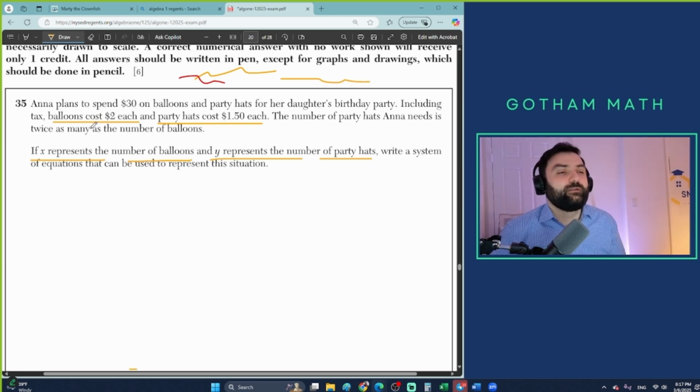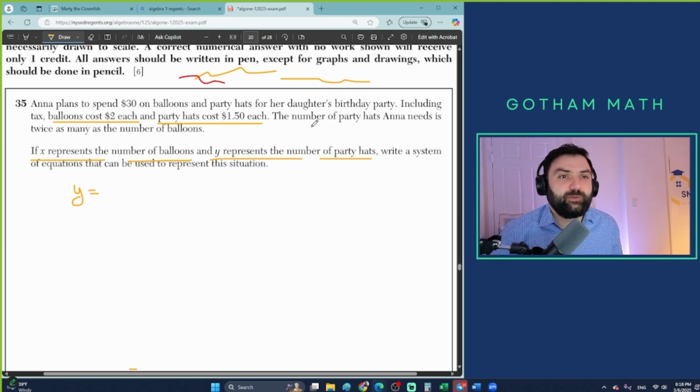All right. So let's see. First, just like in the system before we solved today, it's going to be about the number and it's going to be about the price. About the number is going to be y, the number of party hats.